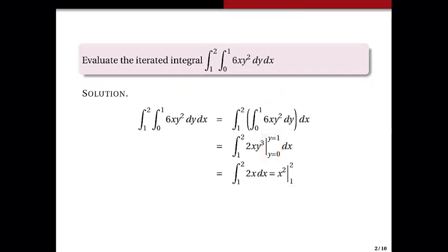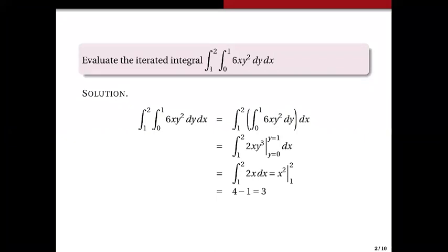Here, since it's really obvious that this is already in terms of x, we don't have to put x equals 1 or x equals 2, since there's only one variable here anyway. If we do the integration, we'll end up with 4 minus 1, and this is equal to 3. So it's straightforward computation.